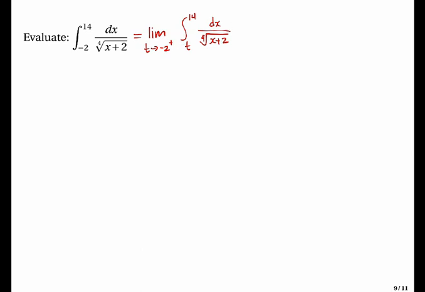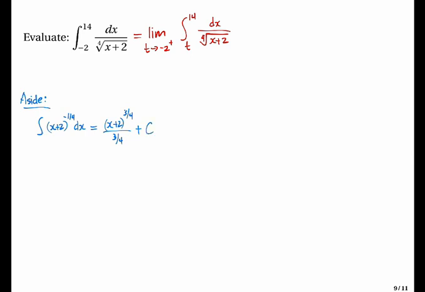Let's work on the corresponding indefinite integral. You have the integral of x plus 2 raised to negative 1/4 dx. Integrating this, we will have x plus 2 raised to negative 1/4 plus 1, that's 3/4, all over 3/4, plus the arbitrary constant c.